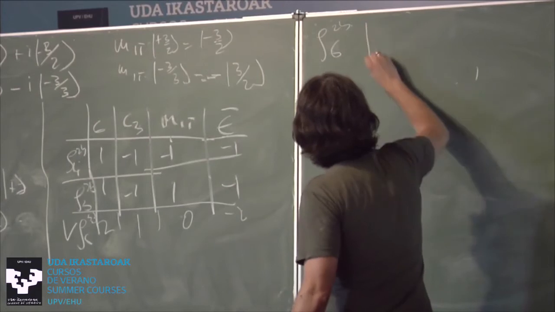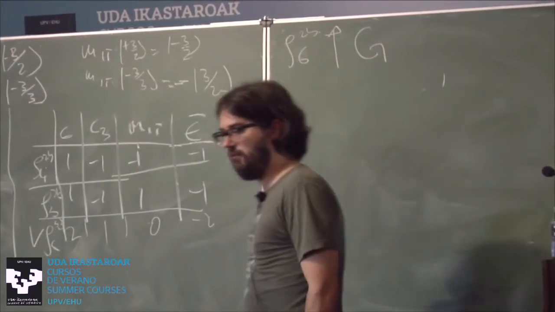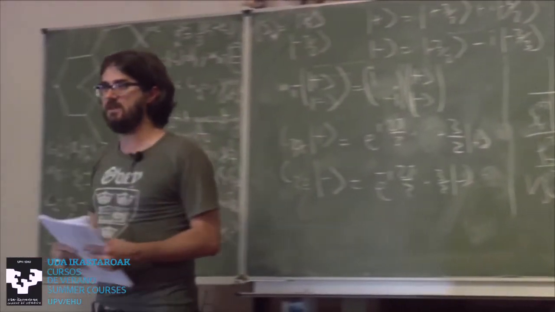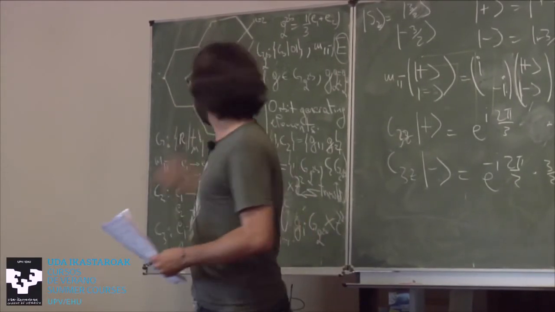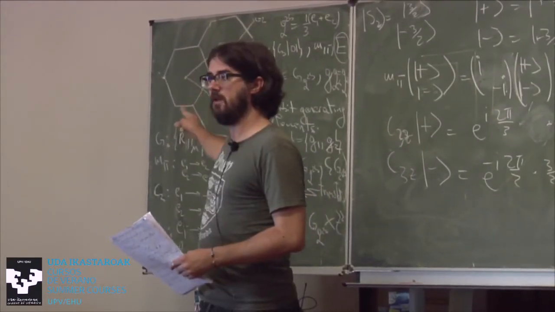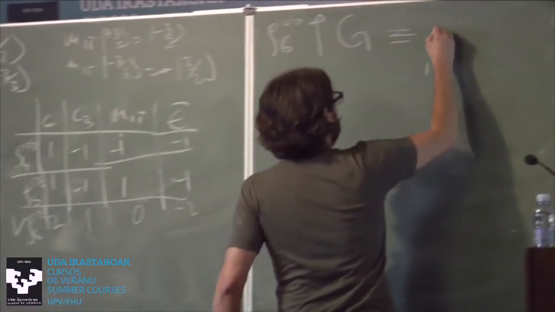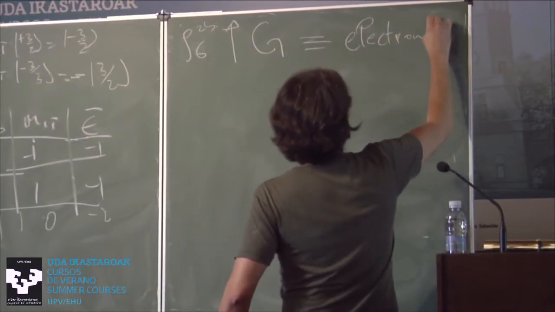And what I want to do now is called induction: induce this representation in the full space group. What will this give me? This will give me the electron band formed by these PZ orbitals. So don't think of bands as diagonalizing a Hamiltonian.